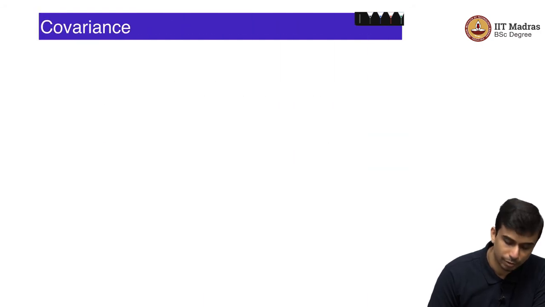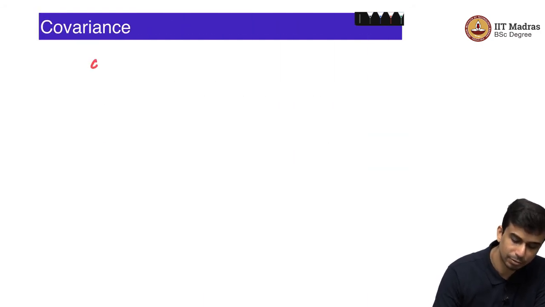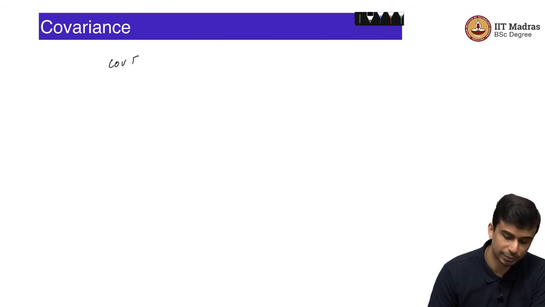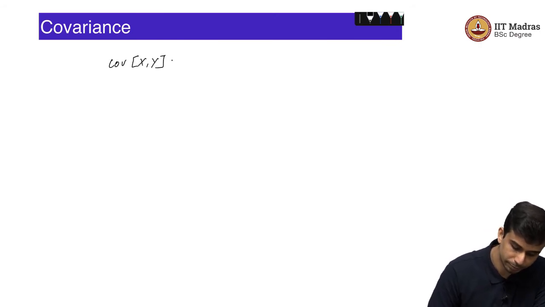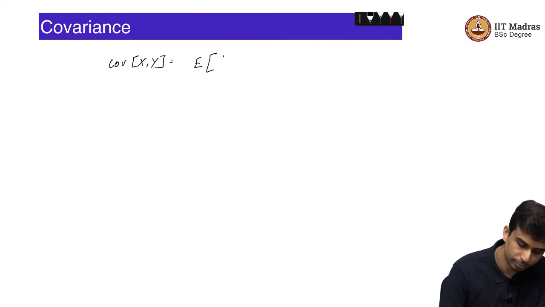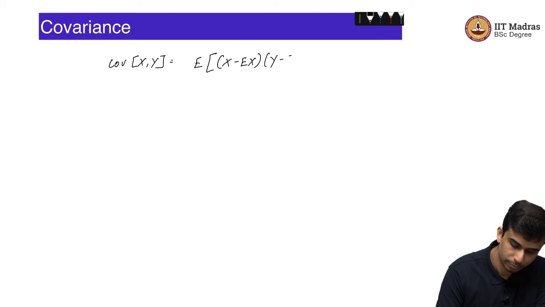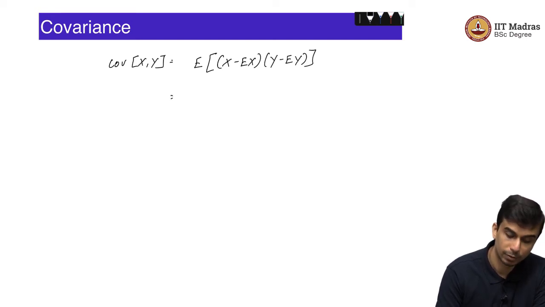Now let us actually do this expectation and simplify this. Covariance of x comma y is the expected value of x minus Ex into y minus Ey.